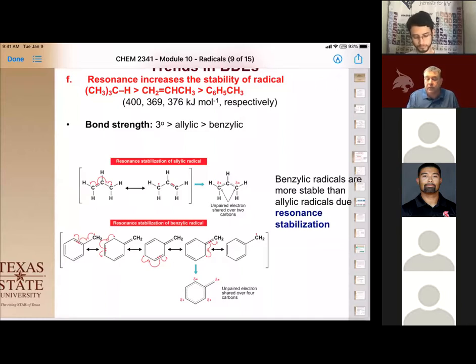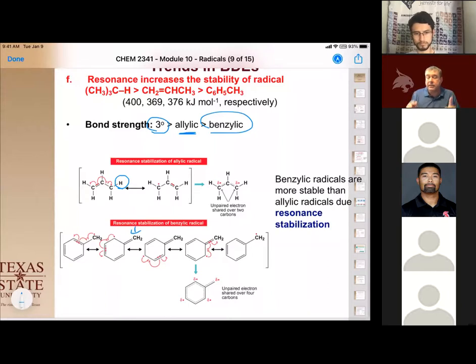hyperconjugation of radicals. So if we look at bond strength, the tertiary bond strength is greater than allylic, which is the one over from the double bond, and it's greater than benzylic, which is this one here, the alpha carbon off a benzene ring.